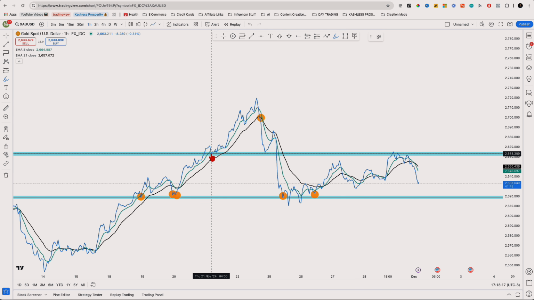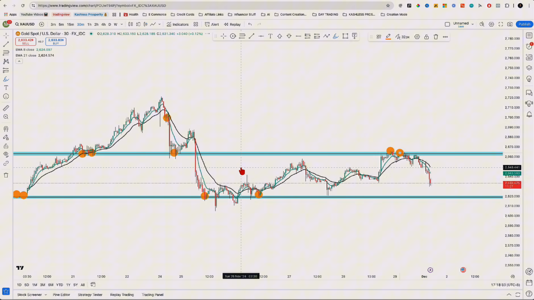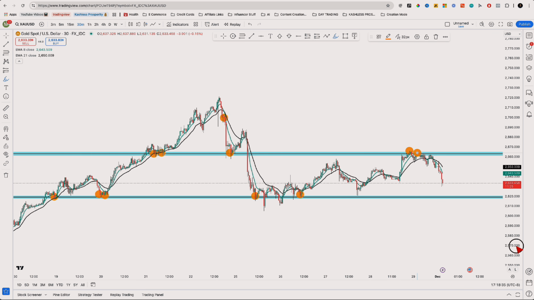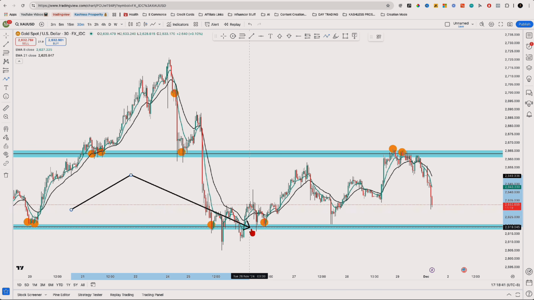Price came up to this area a few times as well. So now that we have our 1 hour structures built, let's go ahead and get more granular and go to the 30-minute time frame. Now we have a little bit more detail and we can see clearly that price is hanging around in this channel.